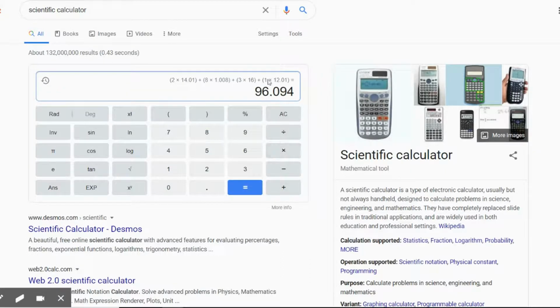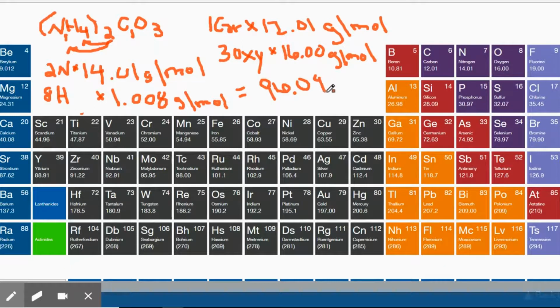The molar mass for ammonium carbonate is 96.094. I'm going to round that to 96.09 grams per mole.